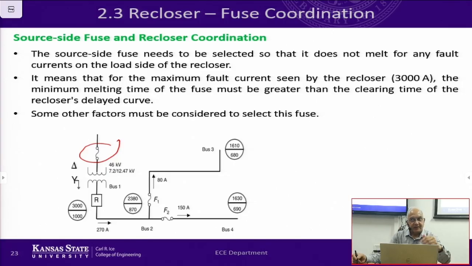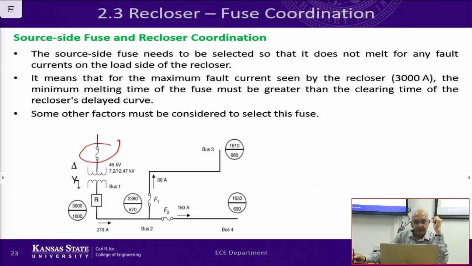For a three-phase fault, the currents will directly convert in the ratio of the line-to-line voltage rating. But for other types of fault like single line to ground and line-to-line fault, the ratio changes. And there are some calculations that are available that allow you to do that.